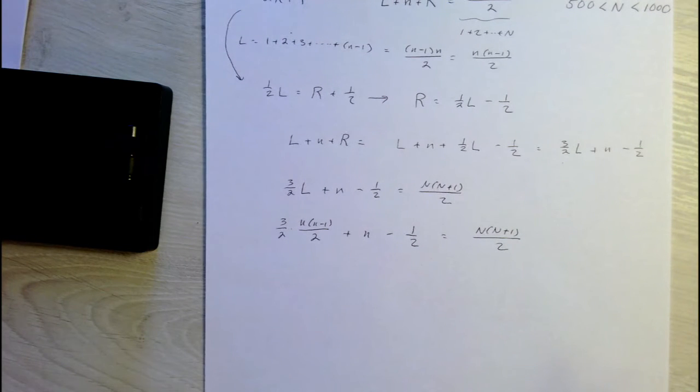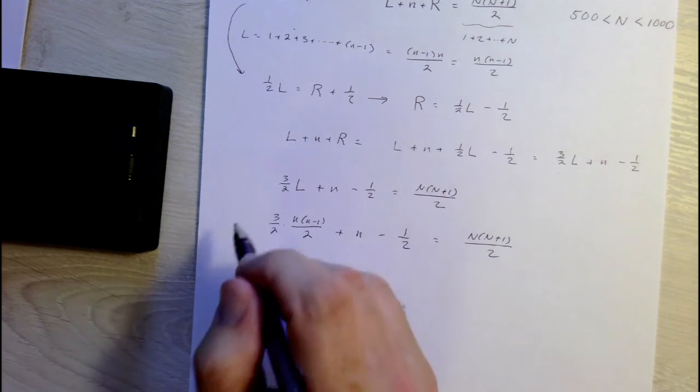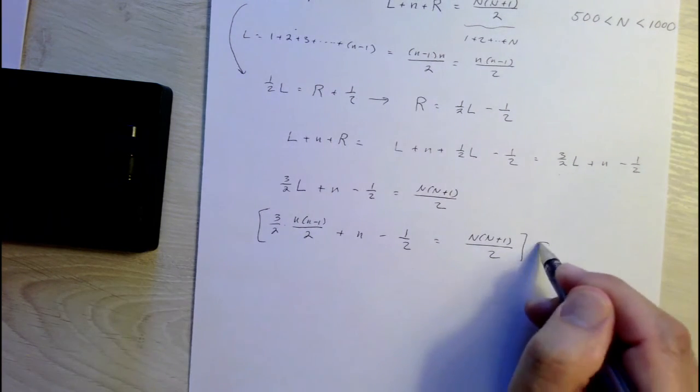Now we've eliminated all the letters except capital N and little n, which we're trying to solve. We like to clear out the denominators, so I'm going to multiply everything by 8.